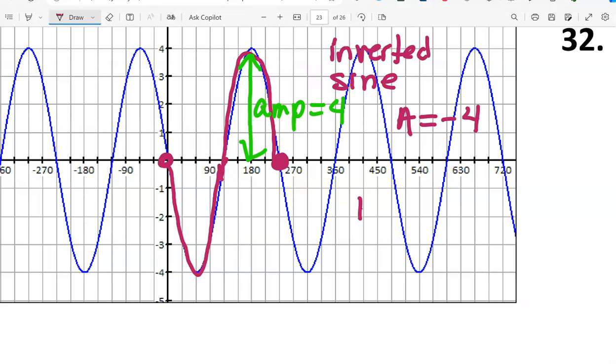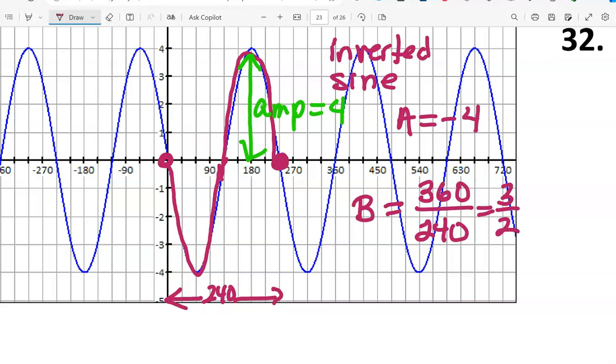And the value of B is equal to 360 divided by the period, and the period is this horizontal length. And that horizontal length right there is 240 degrees. So 360 divided by 240 is 3/2. So that means that the value of B is 3/2.